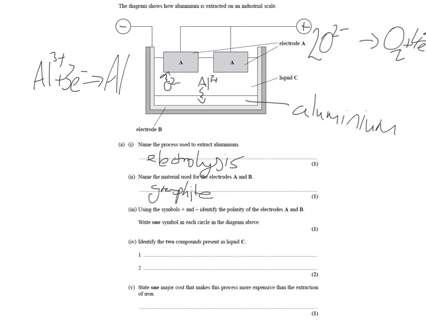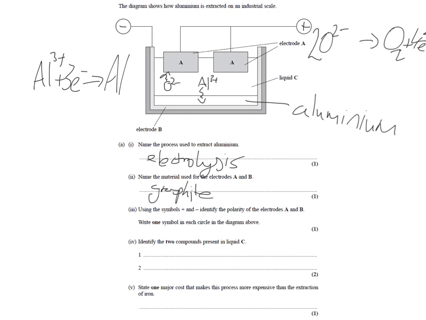Sorry. So we've got 4 electrons there, and notice that very small negative charge. So those are the 2 half equations for the process. The aluminium is being reduced because it's gaining electrons, and the oxide ions are being oxidized because they are losing electrons, they're kicking electrons out.